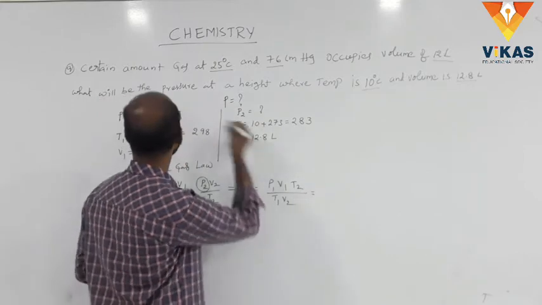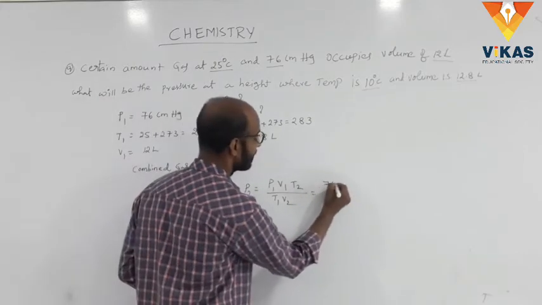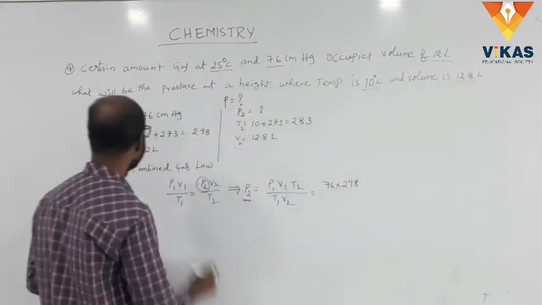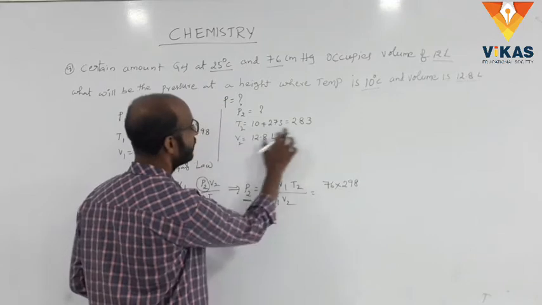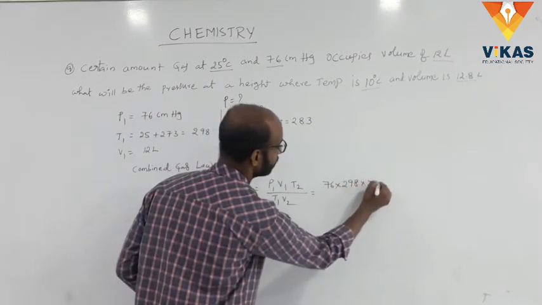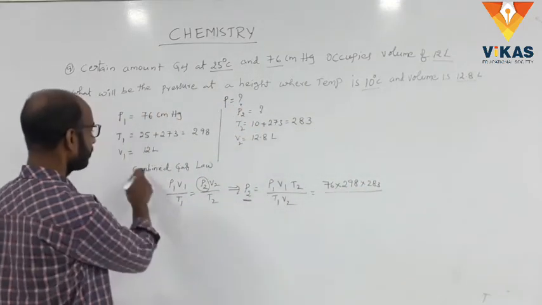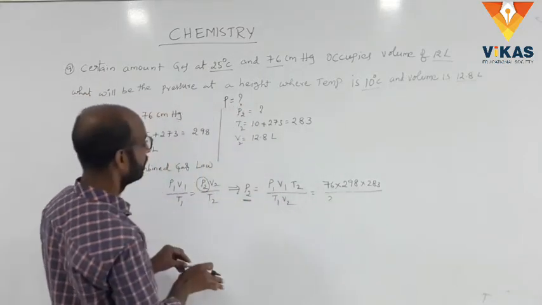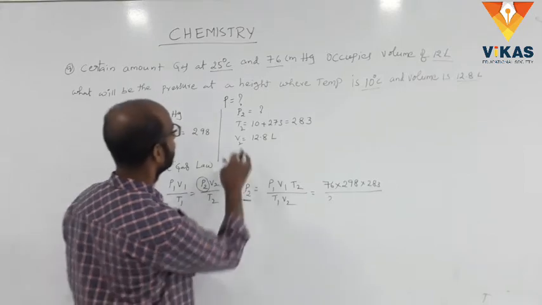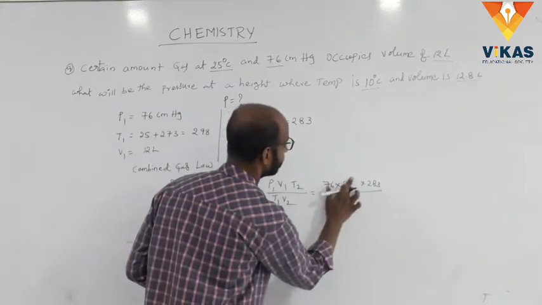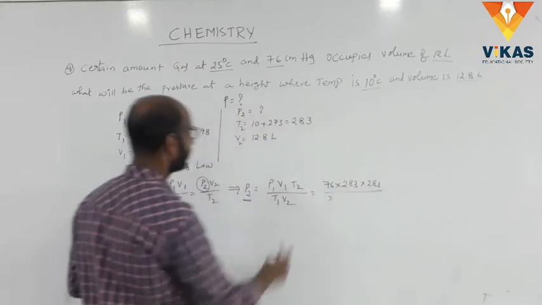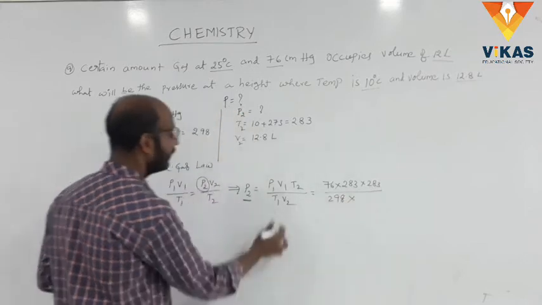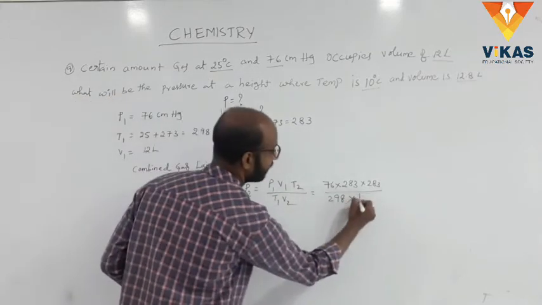So what is the P1? P1 is 76. What is the T2? T2 is 283, and by T1. What is the T1? 298, into V2. What is the V2? 12.8 liters.